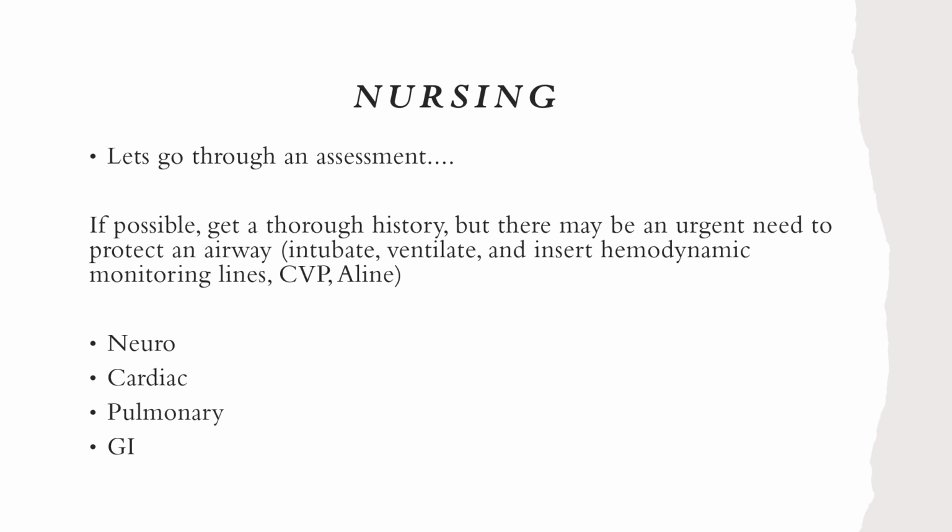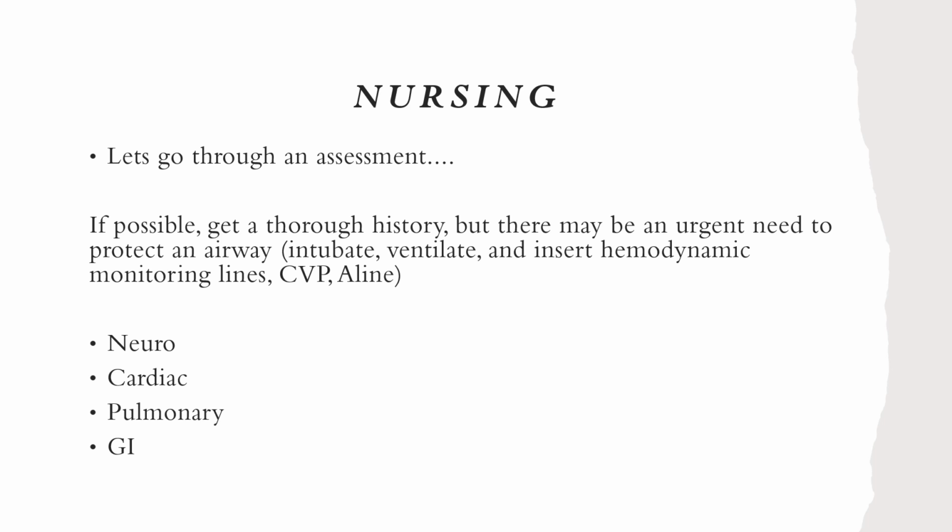Pulmonary wise, the patient may be tachypneic at the beginning and later progress to more hypoventilation, where they'll be more acidotic at that stage. We want to watch for increased work of breathing, accessory muscle use, pursed lip breathing, intercostal retractions. What do their breath sounds sound like? In the earlier stages, we may hear more fine crackles, and in the later stages, it may be more coarse crackles.